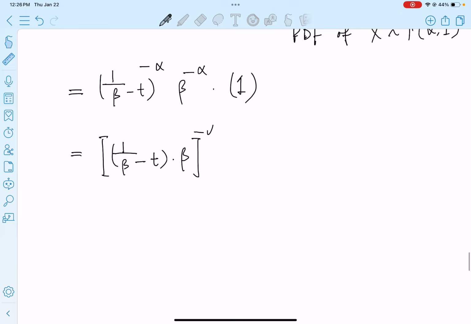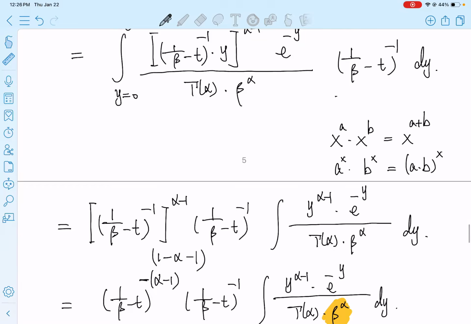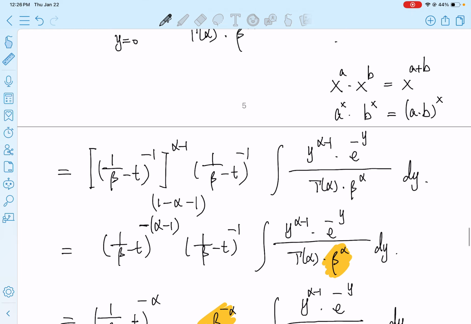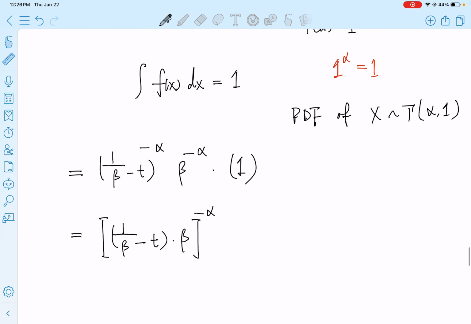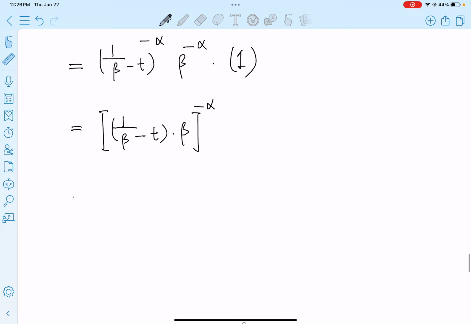I'm using the second property, that a raised to the power of x multiplied by b raised to the power of x share the same power, but the bases are different. Then you can multiply them together. This will equal 1 minus beta t, and then raised to the power of negative alpha.